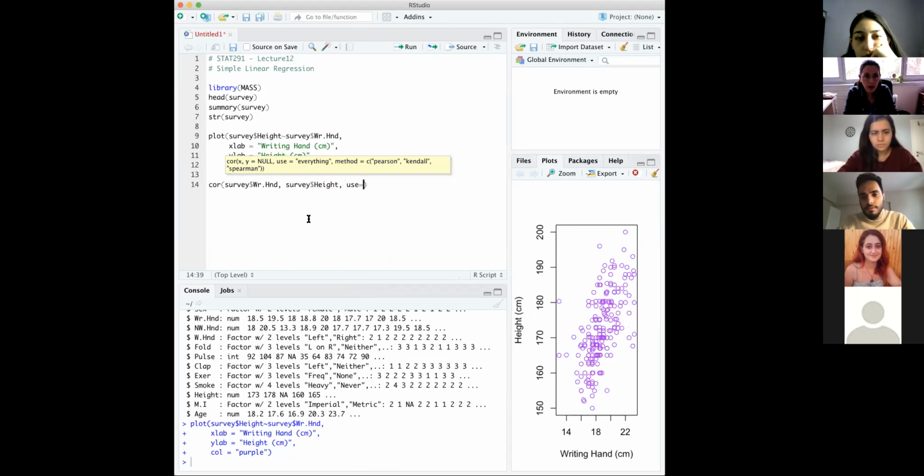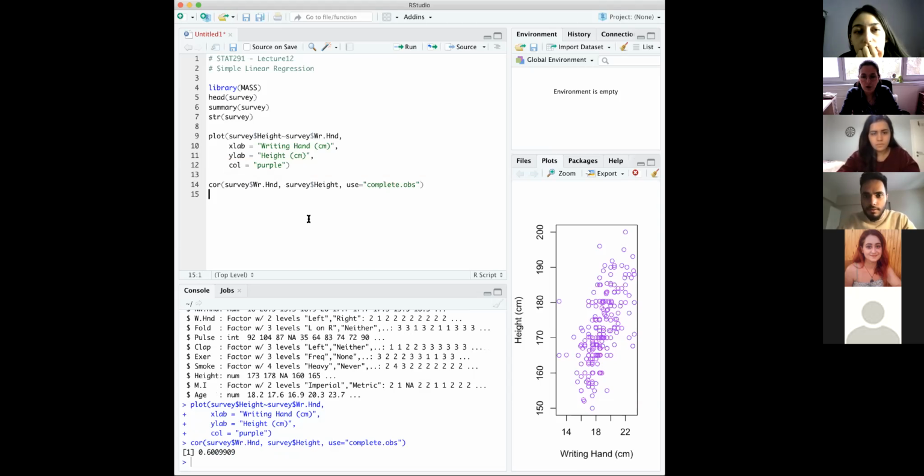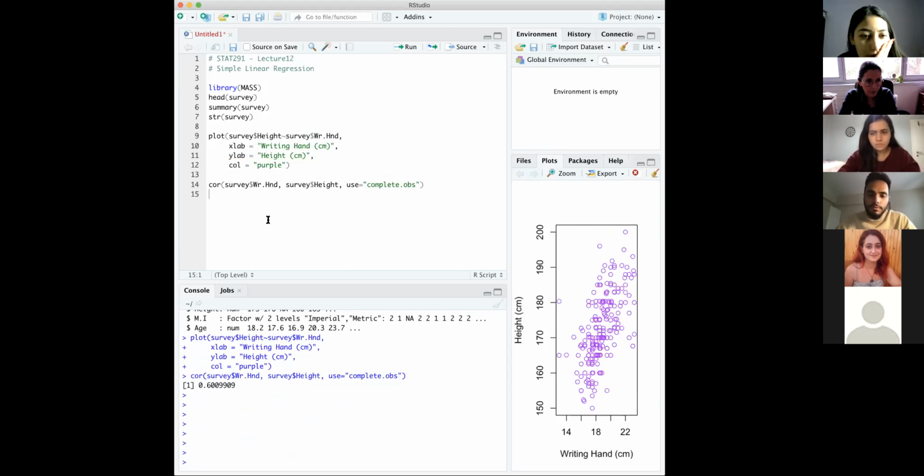And we should add something to say use complete observations. So maybe you see that the correlation between these two variables is 0.60, and to make you see better. And do you know why we add this part?